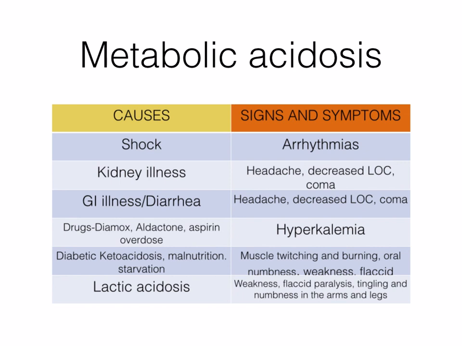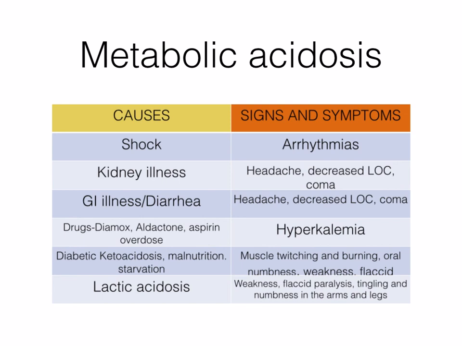So when there is high potassium in the body, these are some of the signs and symptoms. And the high potassium is happening because of the metabolic acidosis state. Weakness, flaccid paralysis, tingling, and numbness in the arms and legs are happening because the body is having metabolic acidosis. Along with high potassium, high calcium is also happening. So hyperkalemia and hypercalcemia lead to weakness, flaccid paralysis, tingling and numbness in the arms and legs.